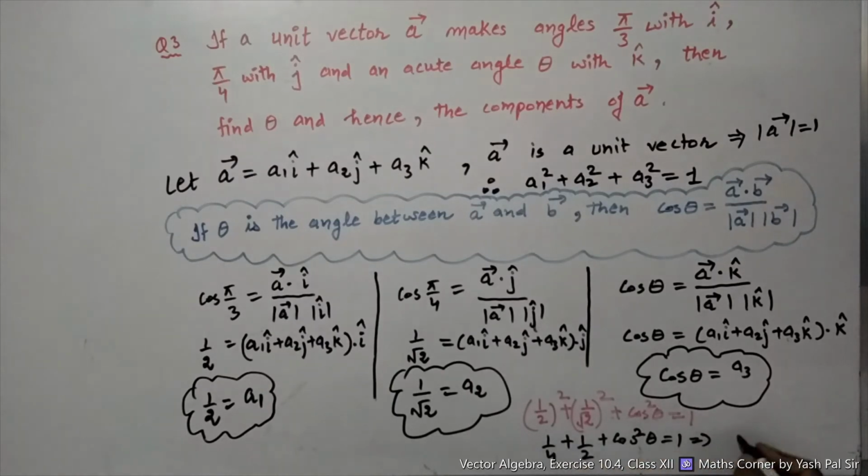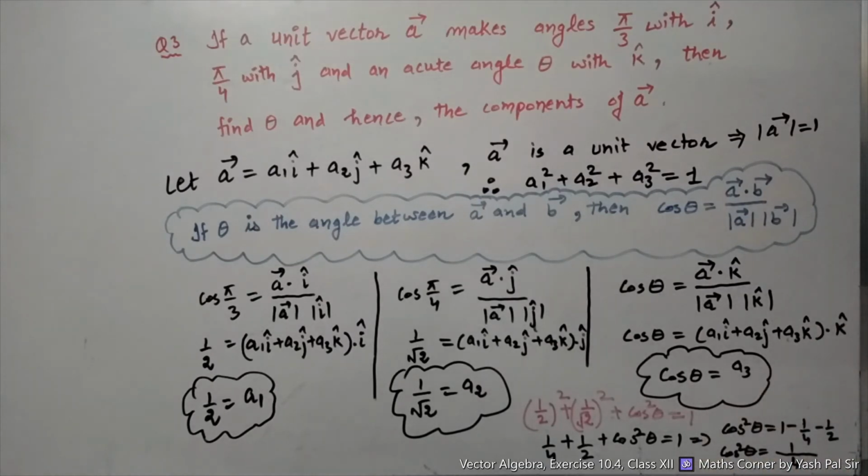So this way, 1 upon 4 plus 1 upon 2 becomes (1 plus 2) upon 4, and moving it, 1 minus that is equal to cos square theta, or we can write cos square theta is equal to 1 minus 1 upon 4 minus 1 upon 2.